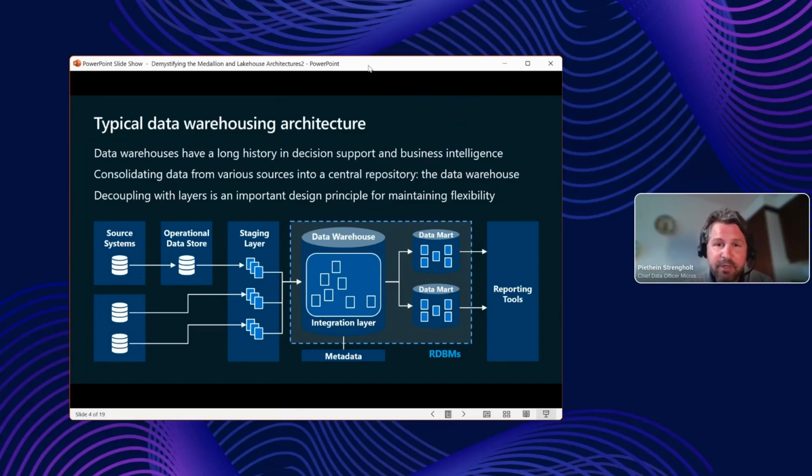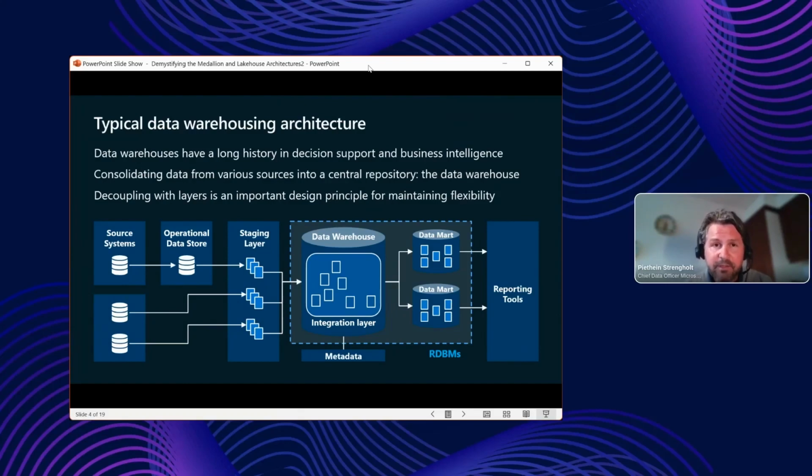First we have an integration layer where we integrate, combine, and unify all of the data. Typically we use metadata for describing that data, maybe for invoking the transformation pipelines. And after we have integrated, unified, and corrected all of that data, we bring it to the next layer. These are our data marts for consuming the data on the right-hand side, typically in this data warehousing architecture with reporting tools.